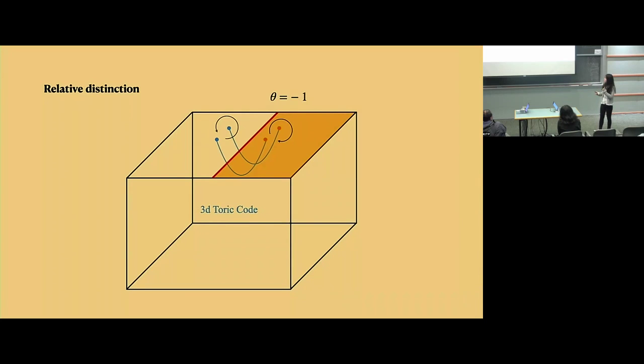The flux loop can now become a string, and the endpoint can terminate on the surface. And then you create two of them, and let one wind through another in this kind of three-loop braiding geometry. Then you always get a phase factor of -1 that can never be removed. That tells you that this is a non-trivial domain wall that can never be removed by applying a 1D circuit only on this domain wall.